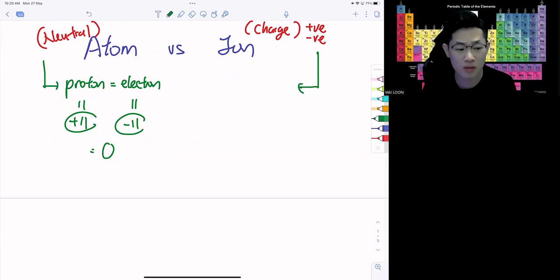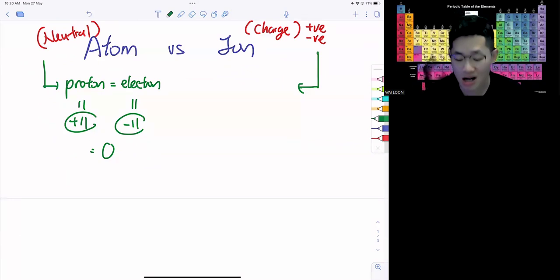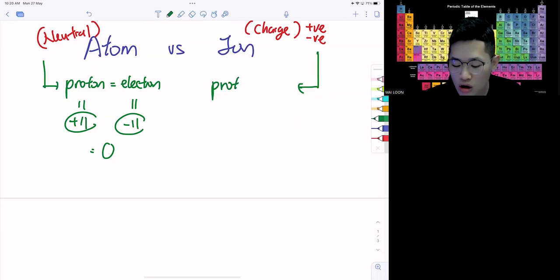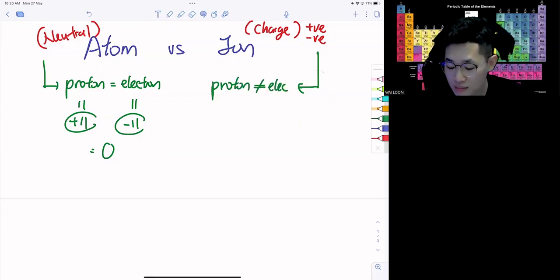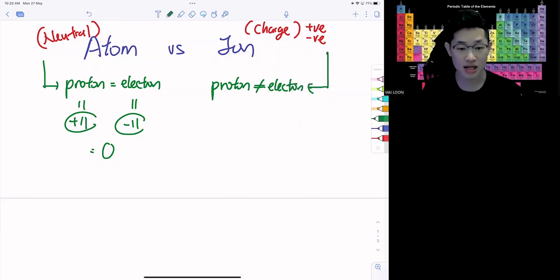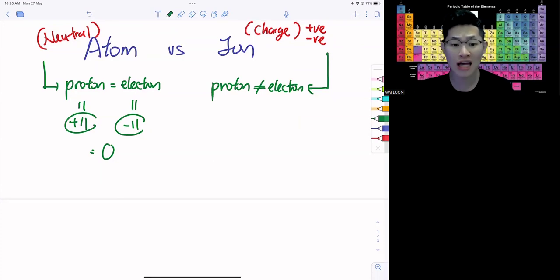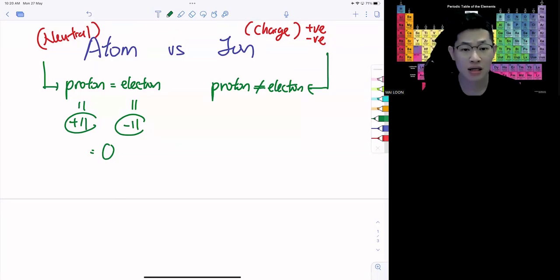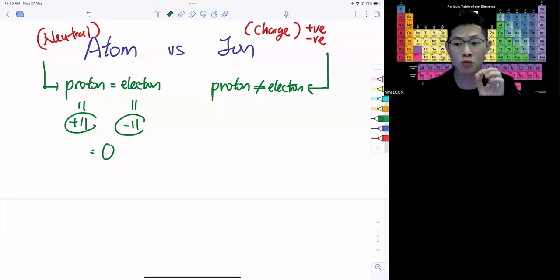Where does the charge come from? It is having charges because the proton and the electron are different. Since they are having different numbers of proton and electron, this is what gives it the charge.